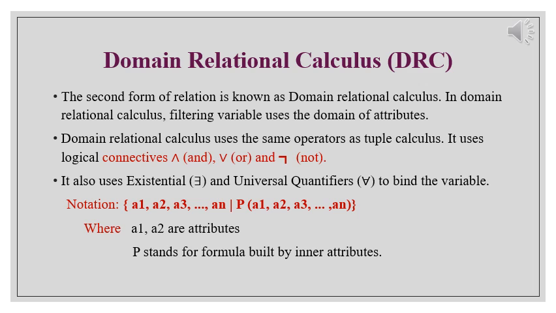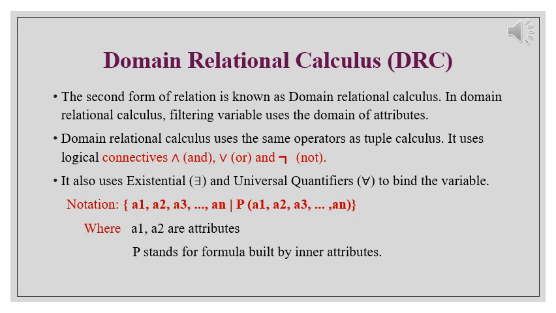The domain relational calculus uses the same operators as tuple calculus. However, it also uses the connectives and, or, and not. The symbols of these three are given in your red ink.